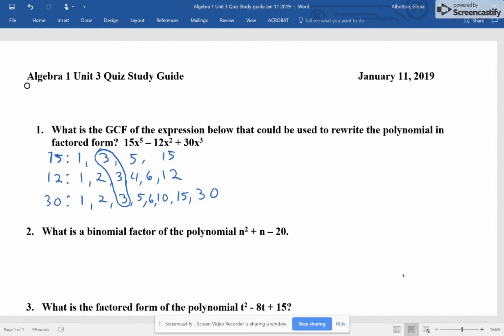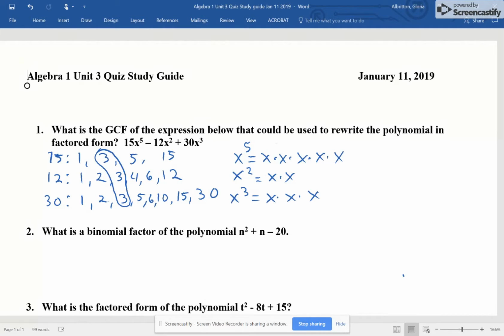Now we've got to look at the variables also. In this case, 15 has an x to the 5th power, and it looks like this when we write it out the long way. X squared can be written like this, and x cubed is x times x times x.